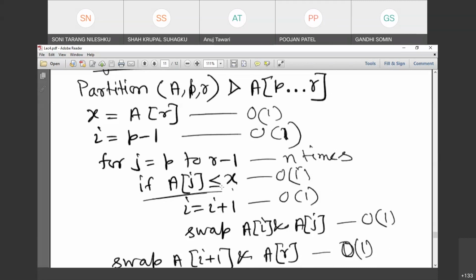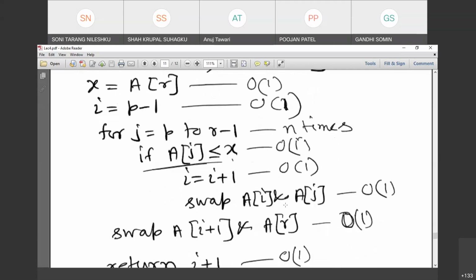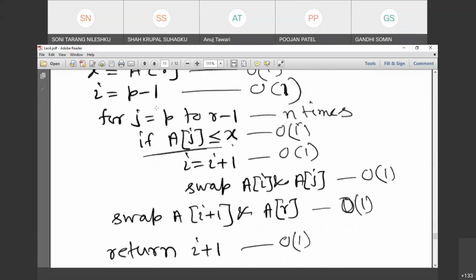You keep on comparing with X, and if an element is less than X, then you swap some adjacent values, and i is getting incremented. Finally you just swap the ending element with the start.